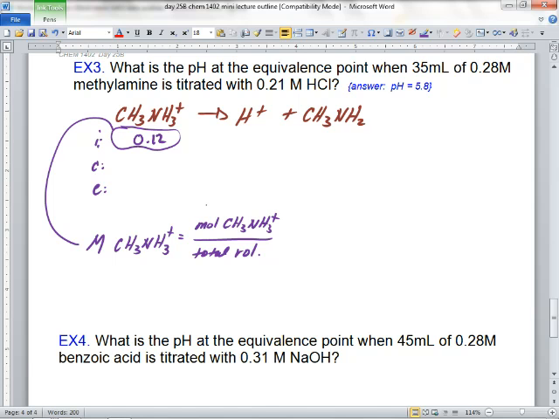Oh, okay, so that's what goes right here? That's what goes up on top: 0.0098. And then 0.035 plus. You still need to add something else: the equivalence point, because you added all this HCl.